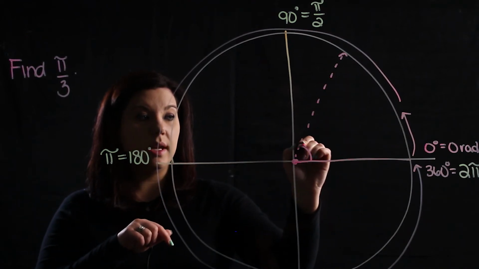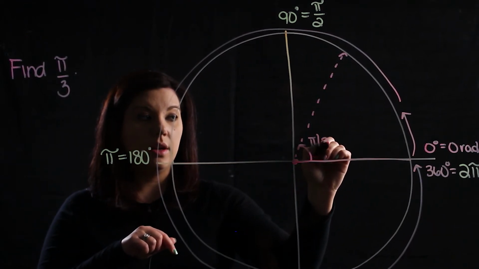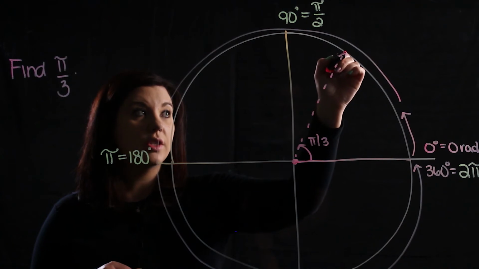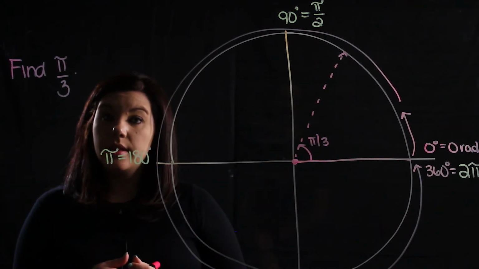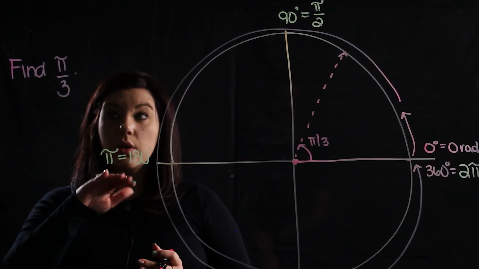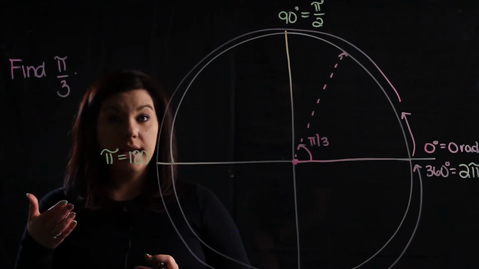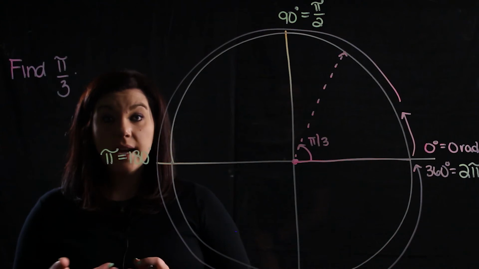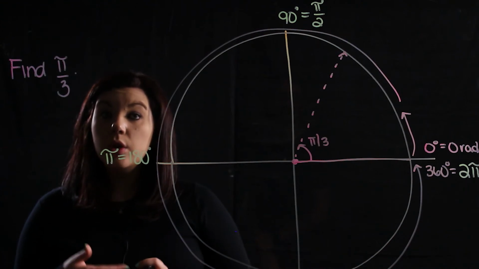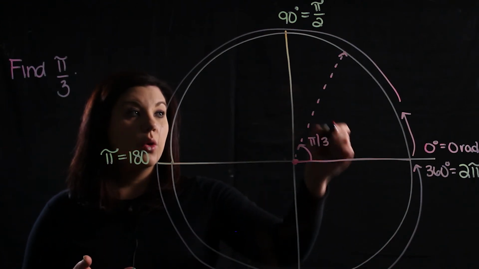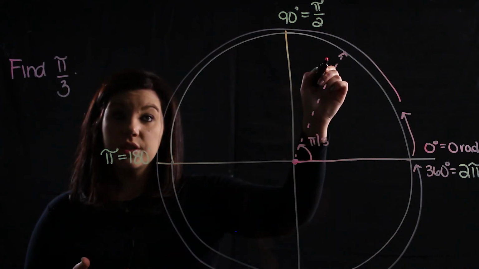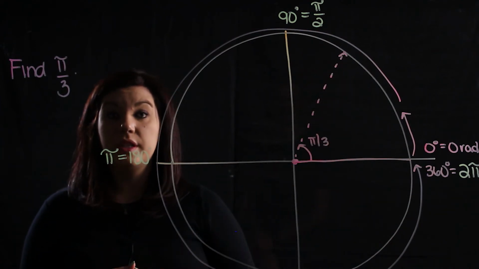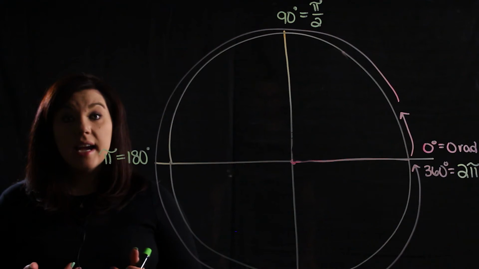So this would be pi over 3 radians. It would be here on the circle. Another way to think about that is we know that pi is the same as 180 degrees. So you could do a quick calculation in your head, divide 180 by 3, which gives you 60 degrees, which makes you feel good about your first answer because this is approximately where 60 degrees would be on the unit circle.